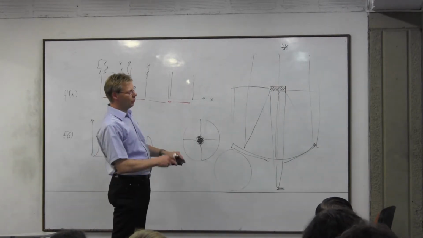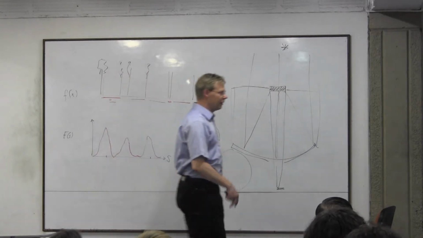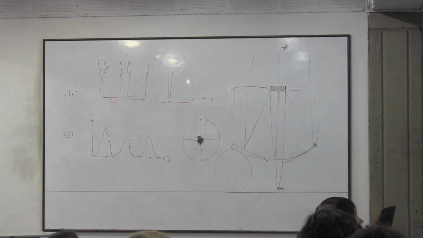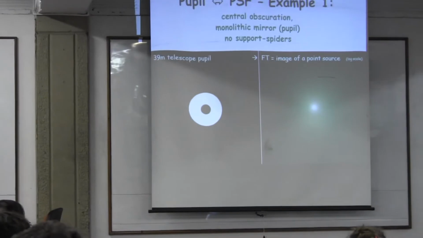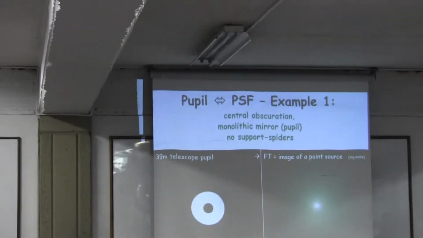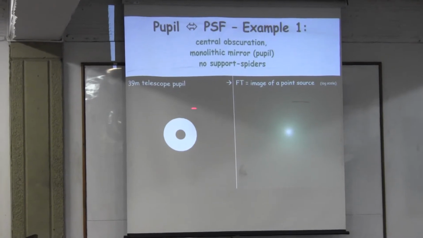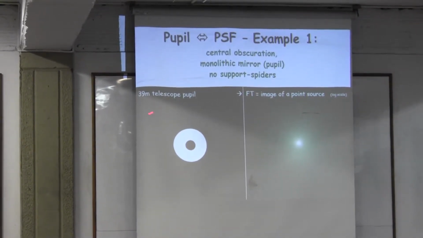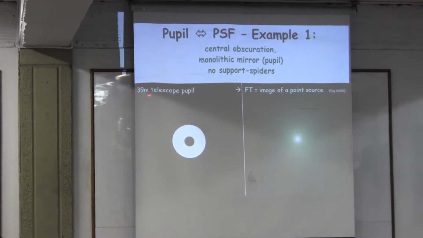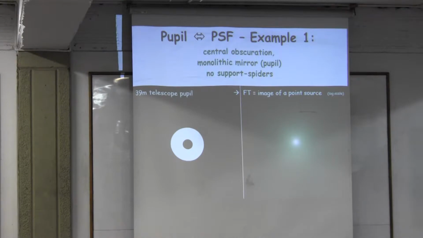In any case, you will find all kinds of artifacts and features there. And that I can show you because this was done in some computations. Again, I hope you can see it and the contrast is sufficient. This was done for a 39-meter telescope, surprise, surprise, but the principle works of course for any size telescope.